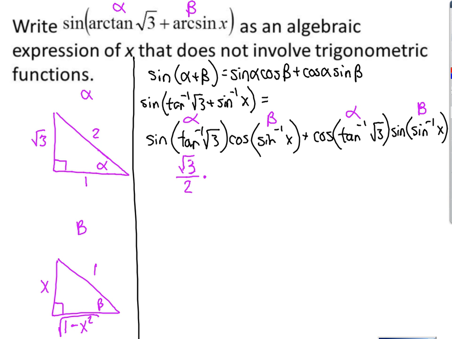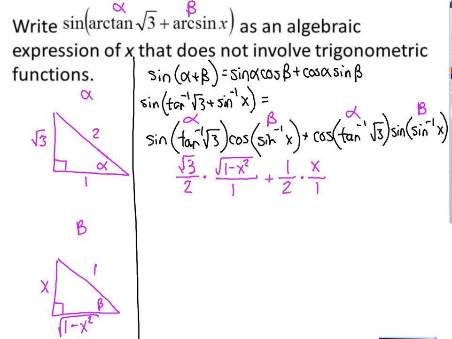Remember, cosine is adjacent, which is radical 1 minus x squared, over the hypotenuse, which is 1. Now we're going to look at the cosine of the alpha triangle. Cosine is adjacent over hypotenuse. And then we're going to look at the sine of the beta triangle. Sine is opposite over hypotenuse.